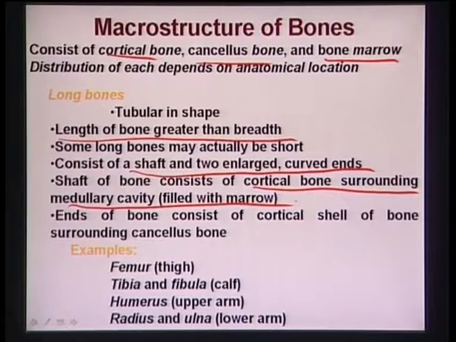I'll show you some slides on what is meant by medullary cavity. Examples of long bones are the thigh bone, called femur, tibia and fibula, the calf bones, humerus, the upper arm, and radius and ulna, the lower arm.